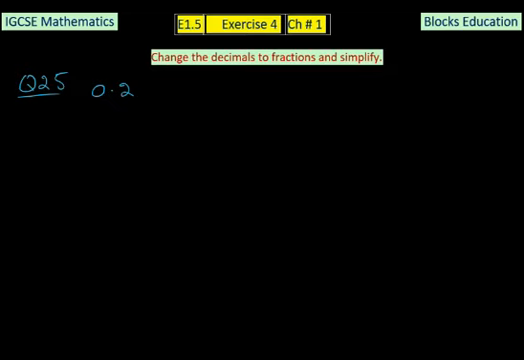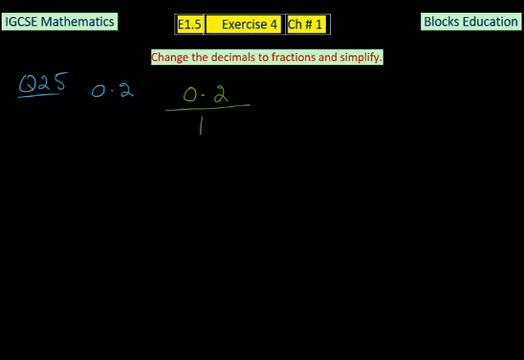In question number 25, it is given that 0.2, of course a decimal number, we have to change it into a fraction. So as per the rules to change a decimal number into a fraction, 0.2 is the number we are given. We put a line here, which is the denominator line, and instead of this dot we will place a 1, and we have to see how many digits we have after this decimal place.